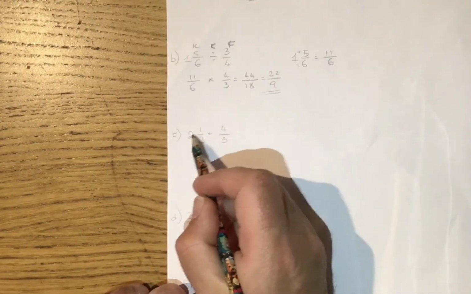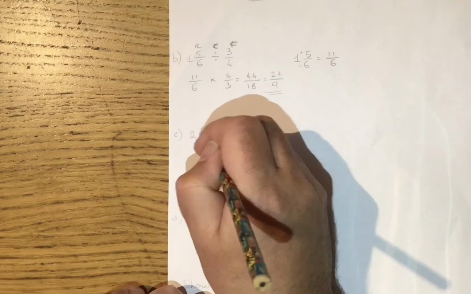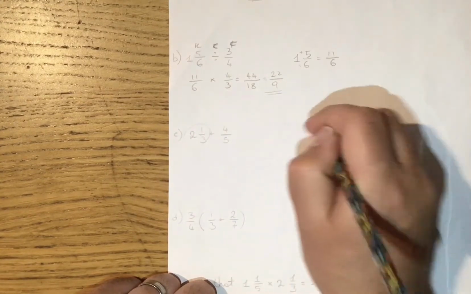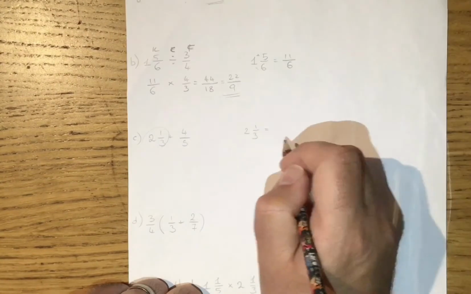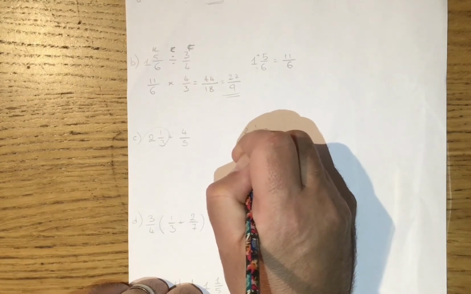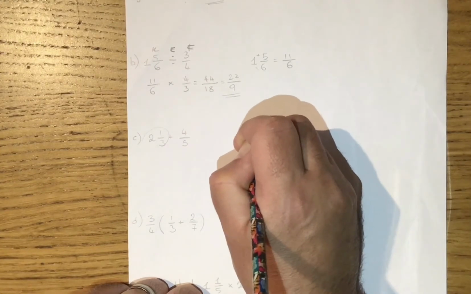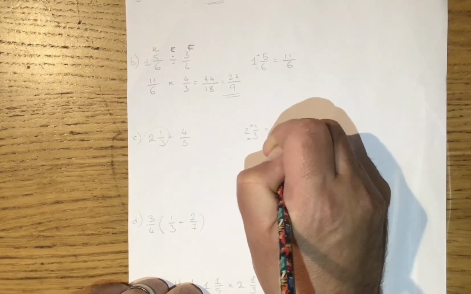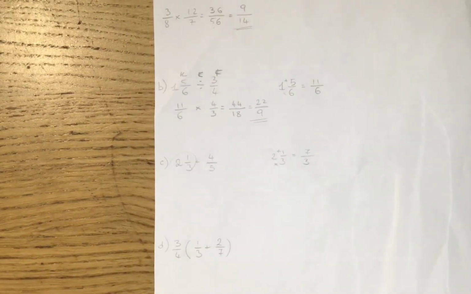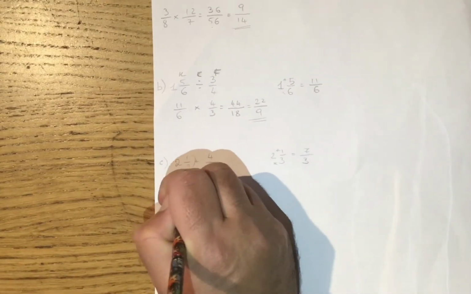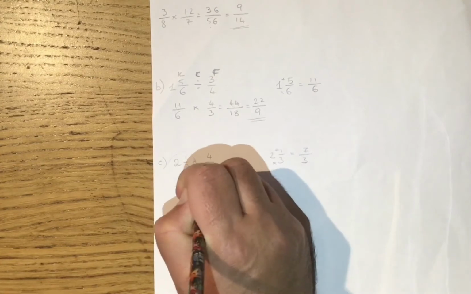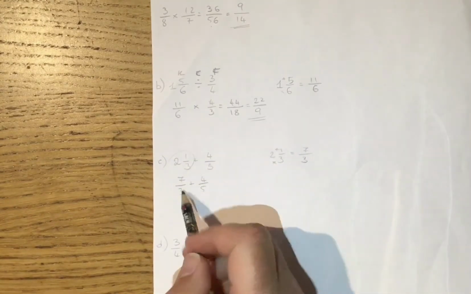Next example, we've got 2 and a third plus 4/5. So we need to change 2 and a third into a top heavy fraction. 3 times 2 is 6 plus 1, 7. So that's 7/3. And now we have to add 4/5.